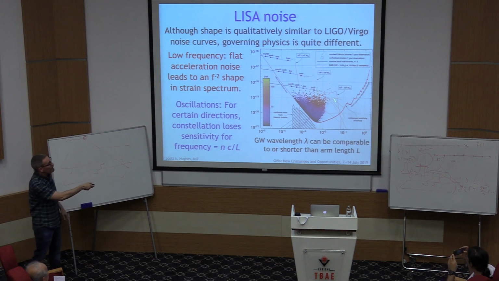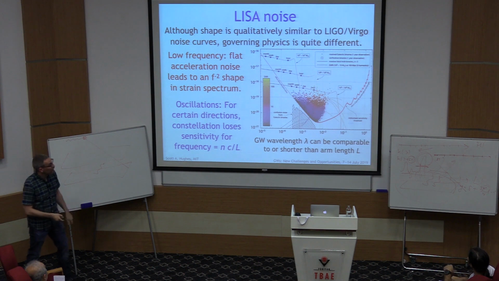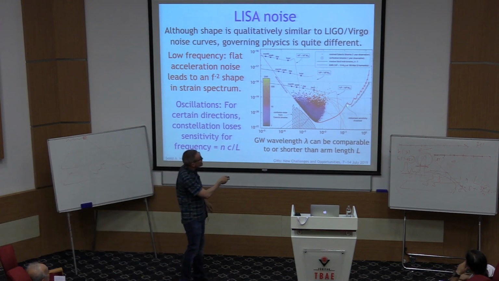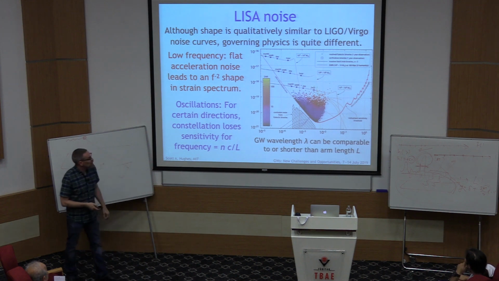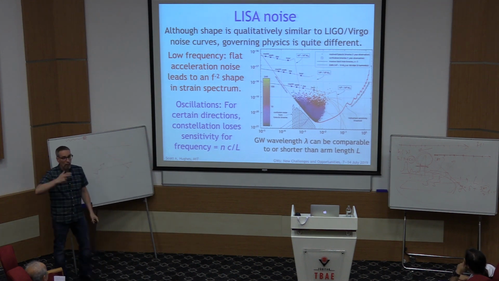Okay? So up here, the wavelengths that you are measuring are actually smaller than your detectors. And in particular, at every one of these little peaks, those correspond to a gravitational wave frequency that is actually an integer multiple of 1 over the light travel time down the gravitational wave detector's arms.